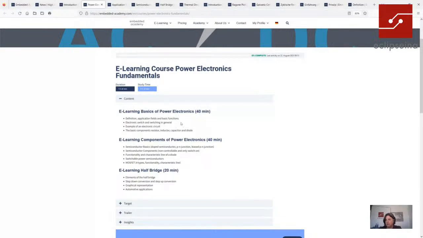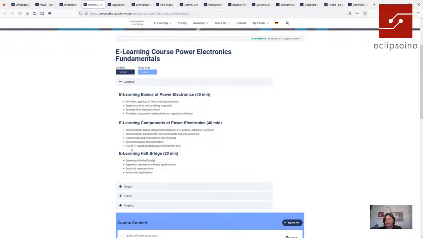Then the electronic switch and switching in general, and an electronic circuit example, including the basic components: resistor, inductor, capacitor, and also a diode. Then we look into the components of power electronics to understand the semiconductor basics, semiconductor components with their switching capabilities for the diode and switchable power semiconductors.